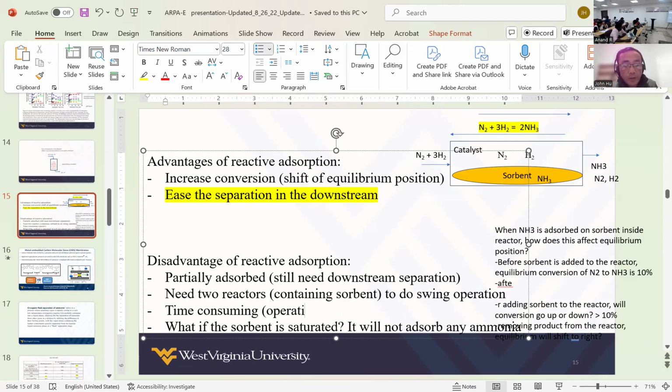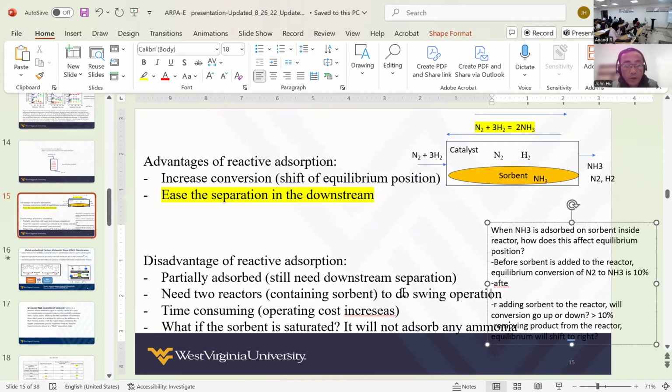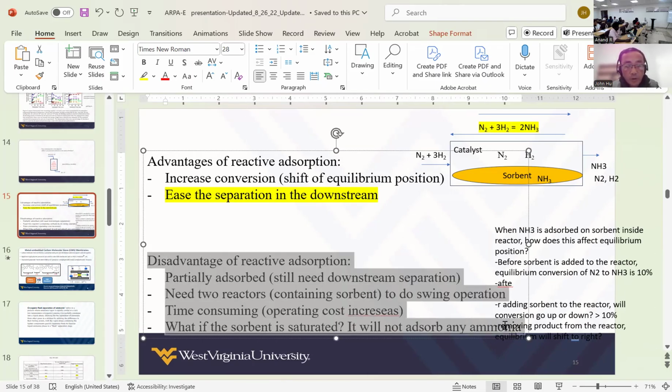Today we are talking about capital cost and operating cost increase, and then needing 2 reactors to do swing operation.